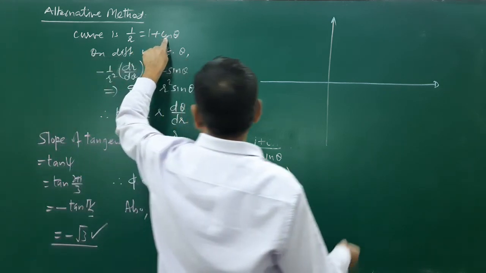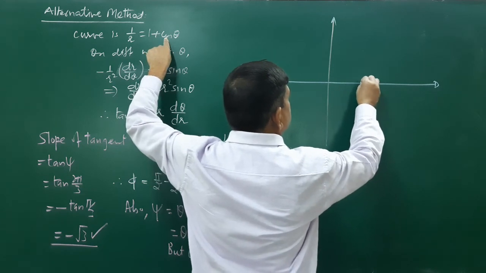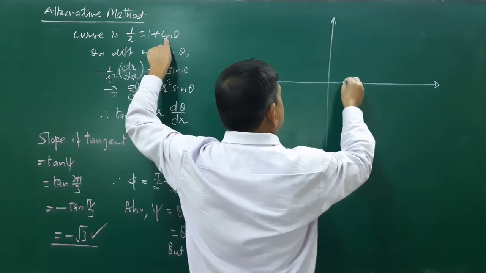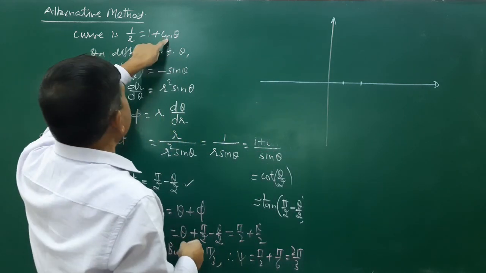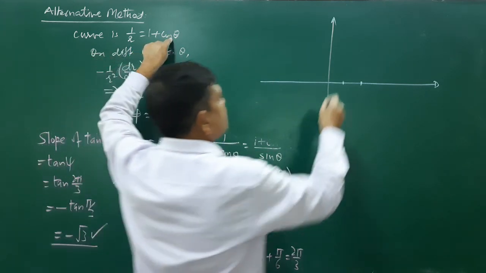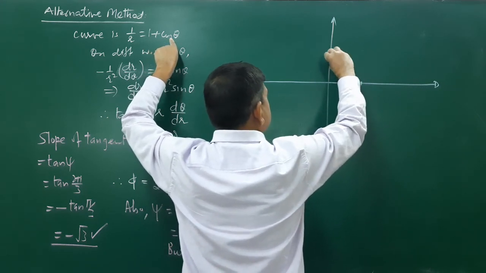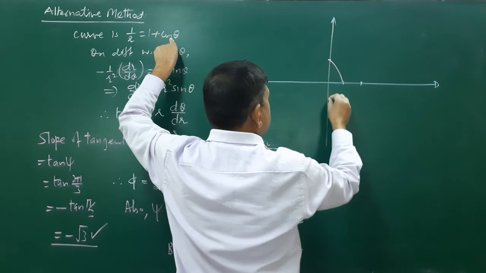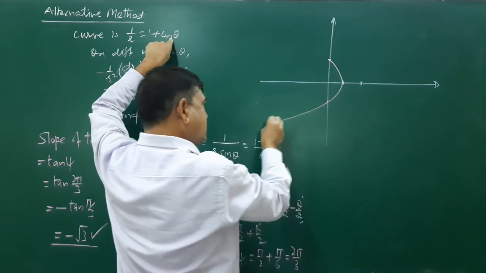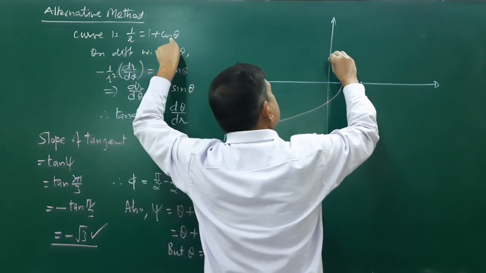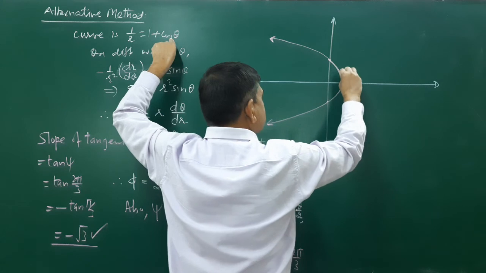When theta is pi by 2, cos pi by 2 is 0, so it passes through this point. It is symmetrical. This is a parabola.